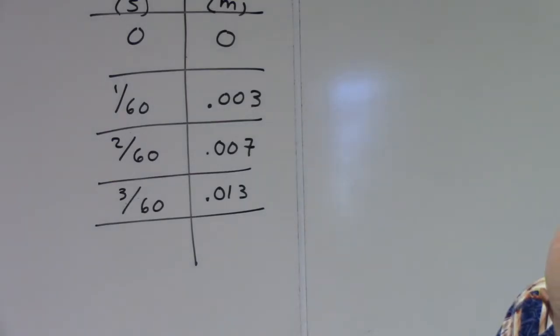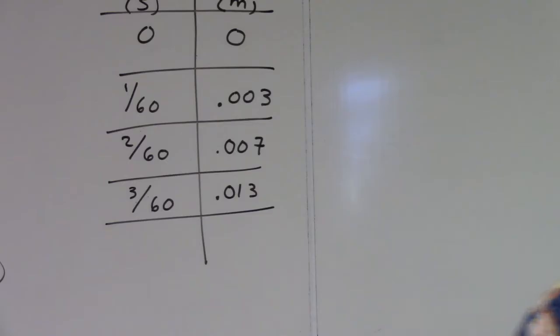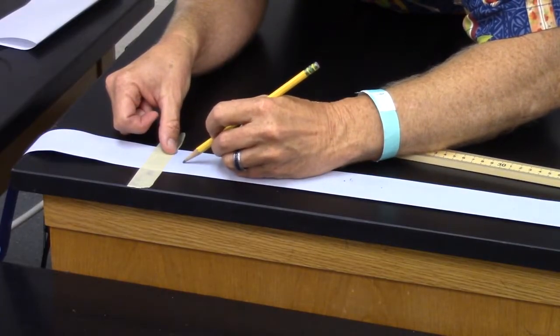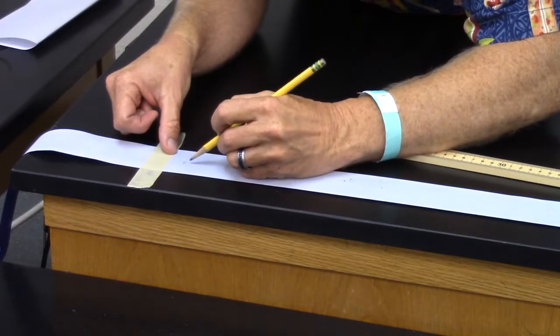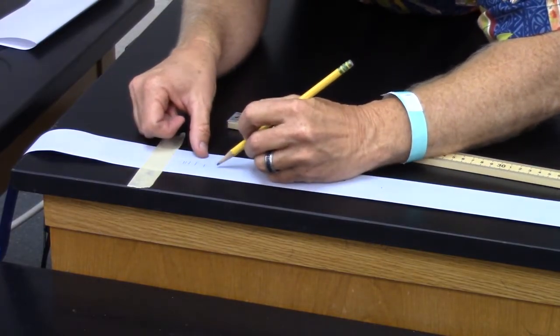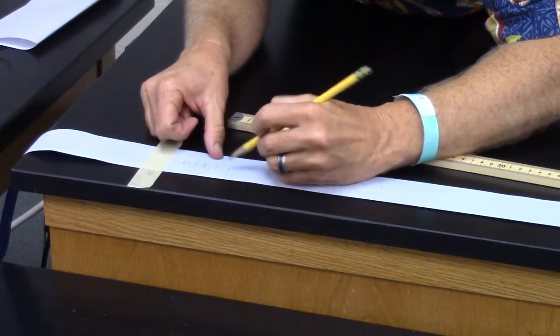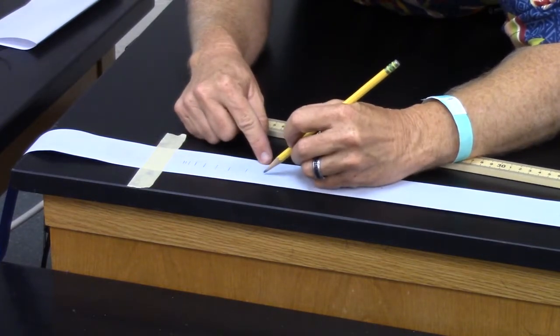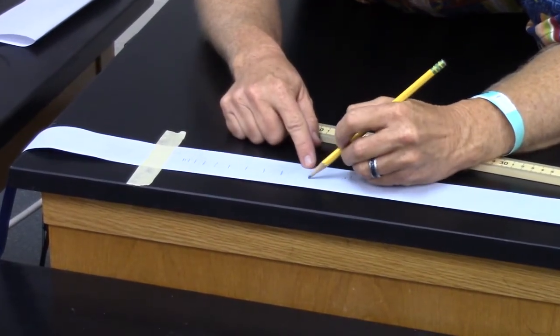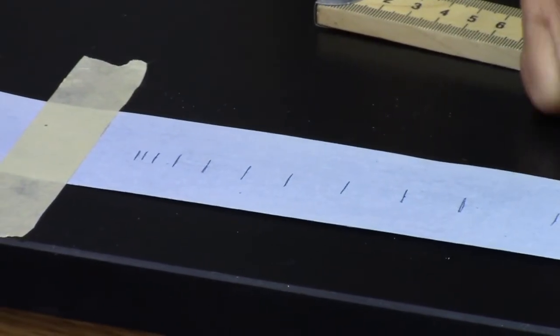So I know it might be a little hard to see on the camera. So what I'm going to do is make a much darker line, or make a line through the dot. And then have Ron zoom in, and I'll put the meter stick on here.